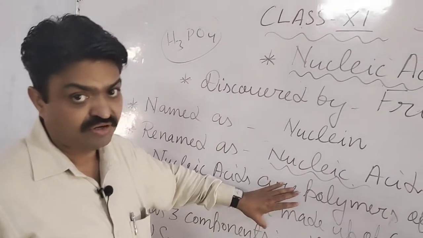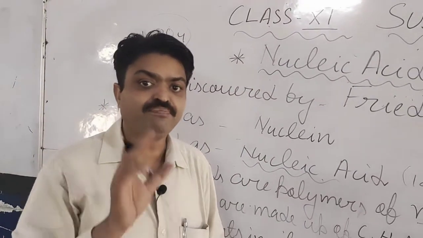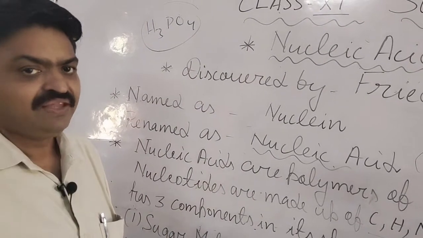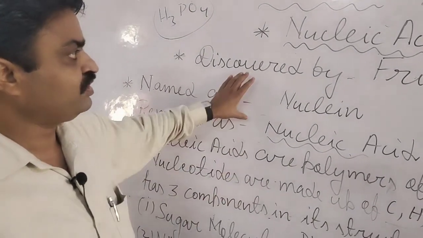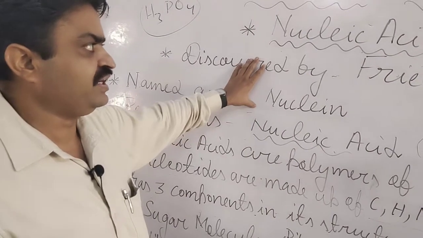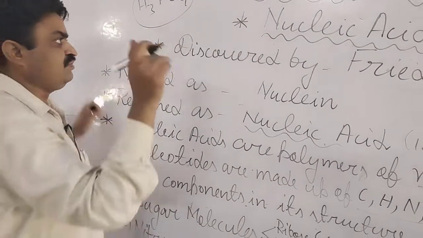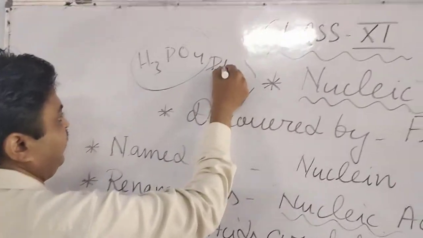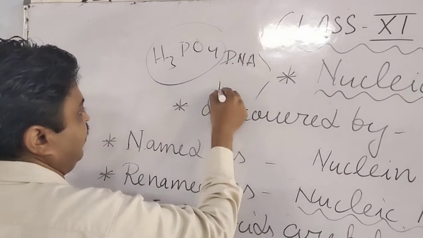So it is the nucleotide. What is the nucleotide, student? It is the polymer that makes the nucleic acid. Now we come to the types of nucleic acid. There are 2 types of nucleic acid, student: DNA and RNA.